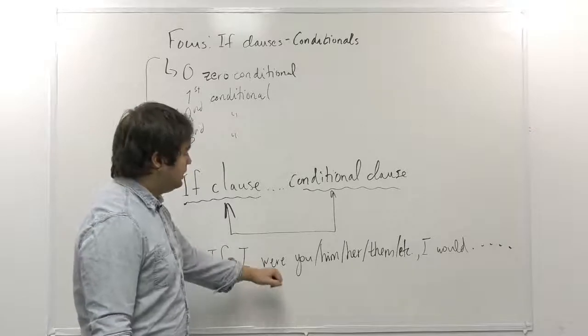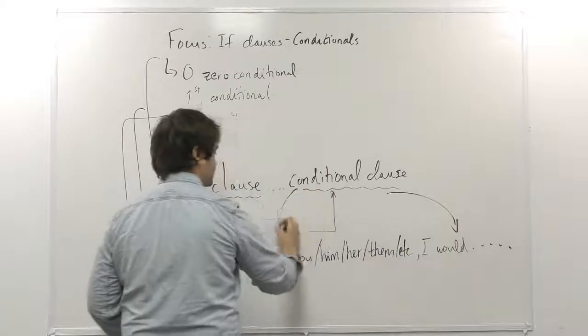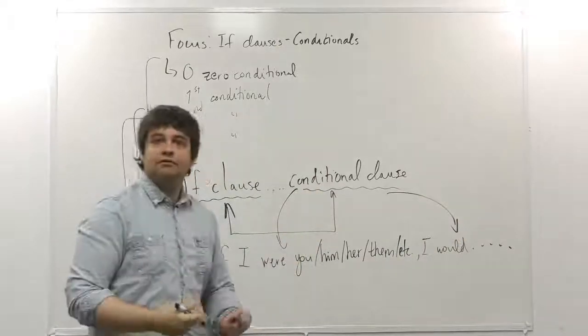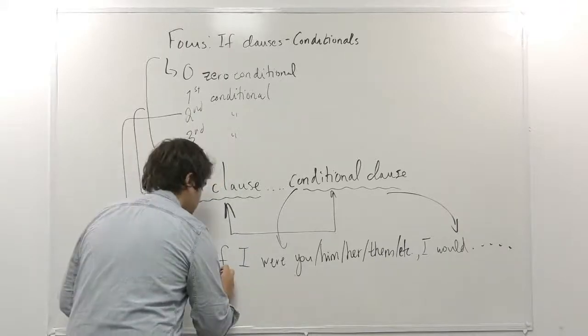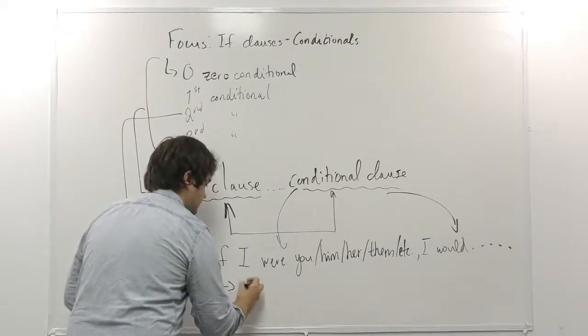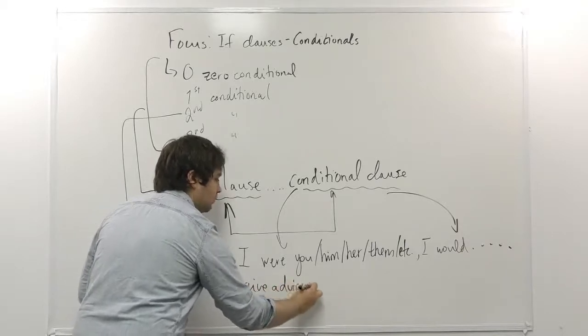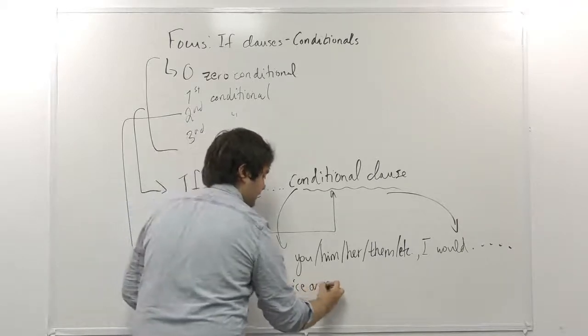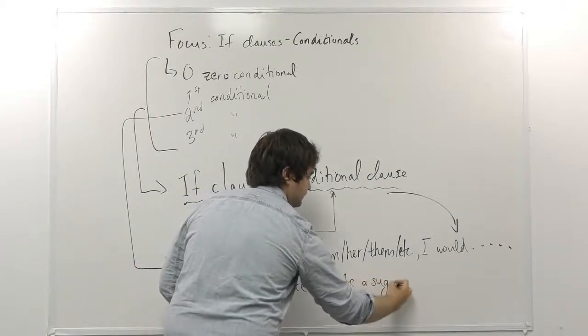This structure here with our if clause and then with our conditional clause, this is often used to do what? When do we use this structure? We use this structure to give advice or make a suggestion.